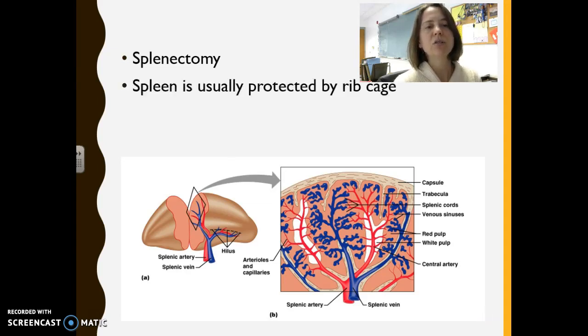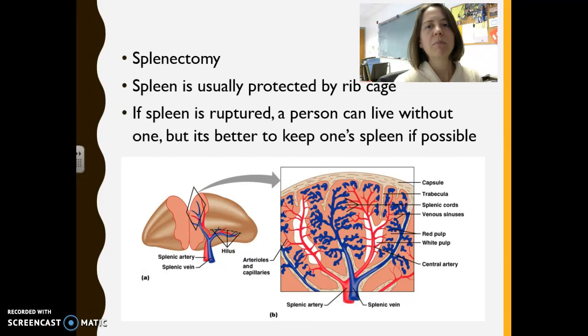The spleen is usually protected by the rib cage, but in case of injury or disease, if it is ruptured, a person can live without one, so you can take your spleen out. If you don't need to, it's better to keep it in because it does do some good with filtering out pathogens. So if you look here, there is some red pulp and white pulp, and there are lots of blood vessels in there, and that is your spleen.